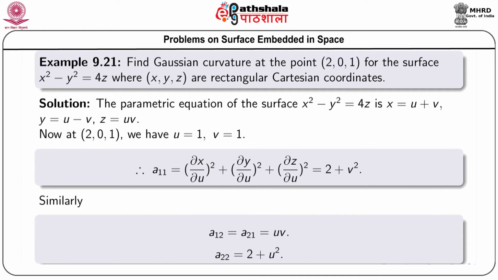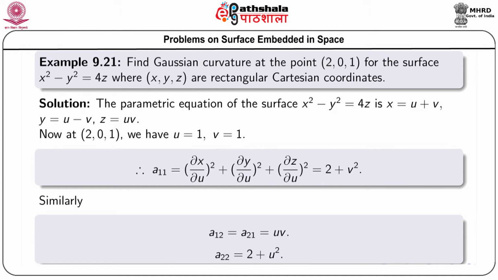So, similarly, as we have obtained this a11 which is coming to 2 plus v square, a12 which is equal to a21 is equal to u v, and a22 will come to 2 plus u square. So, we have obtained the three coefficients a11, a12 and a22.